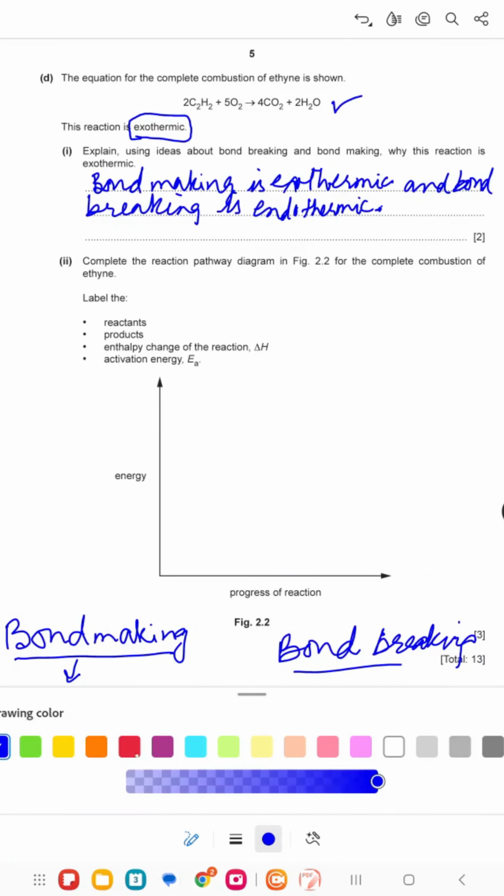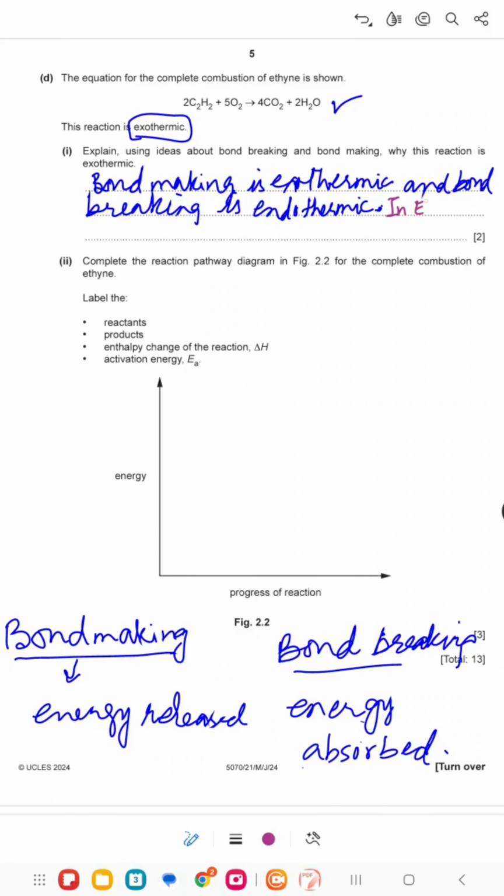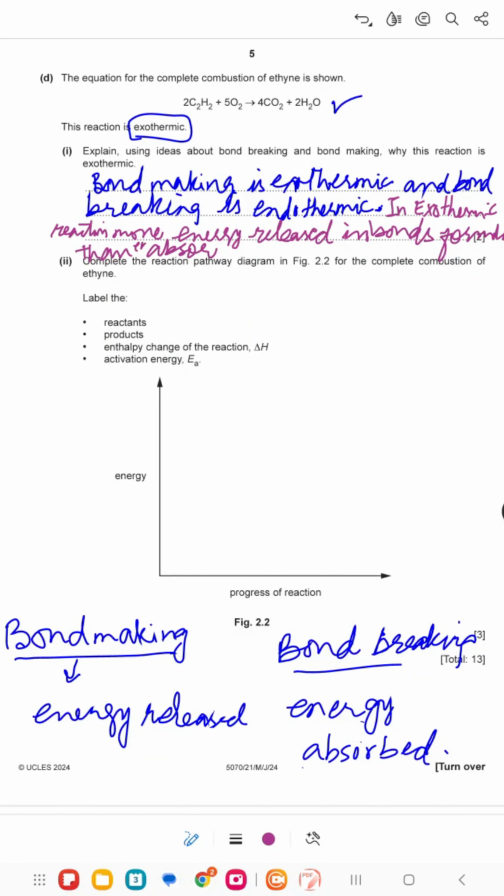The second point I will write here: in exothermic reactions, more energy is released in bond formation than energy absorbed in bond breaking.